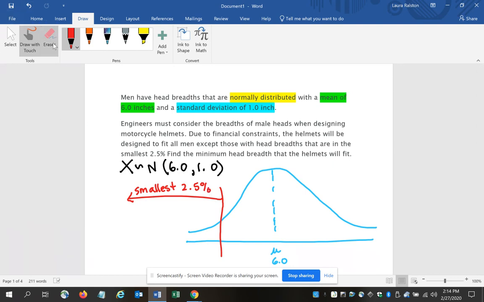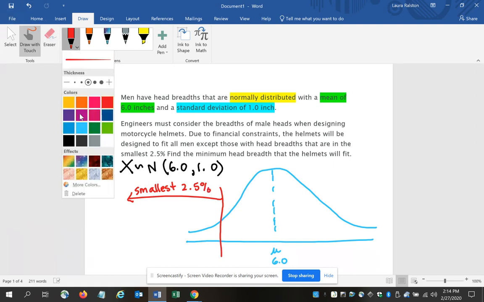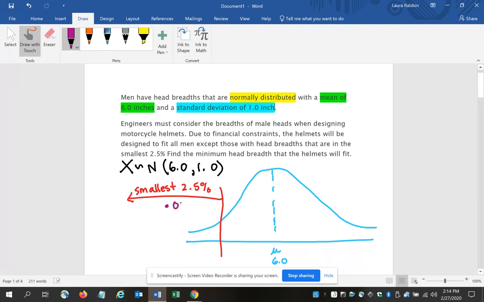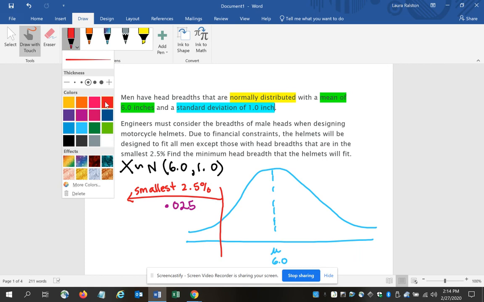Again, you need to convert that percentage to a decimal. So you take 2.5, divide it by 100, and you get 0.025. Again, I'm going to use the website to do the calculations, okay?